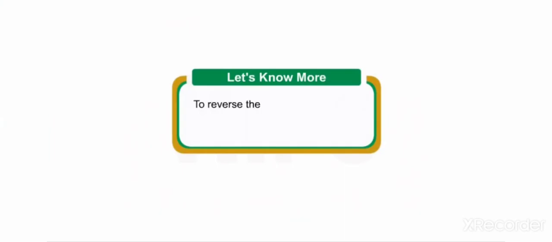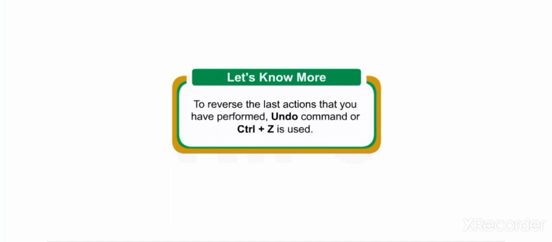Now let's know more. To reverse the last action that you have performed, the undo command or Ctrl plus Z is used. It means if you made a mistake in your picture or a wrong step, then you can reverse that action using the undo command or the Ctrl plus Z key combination from the keyboard.